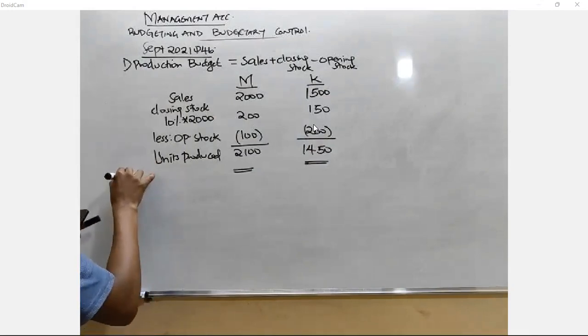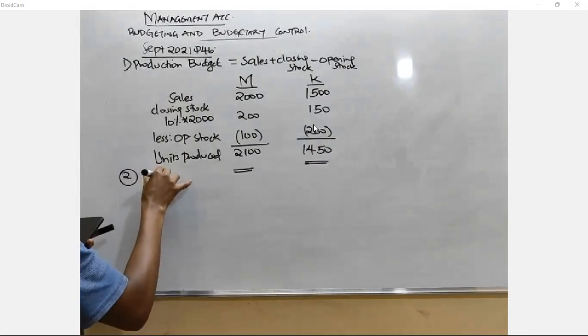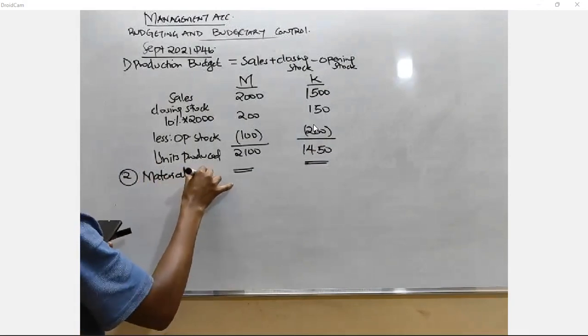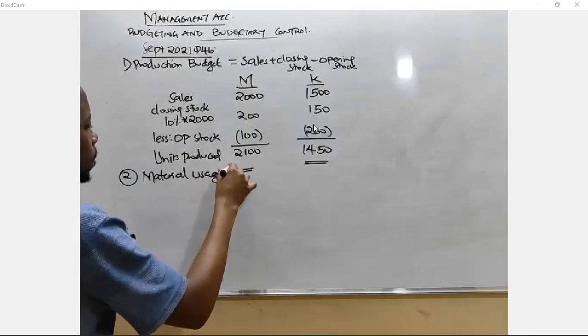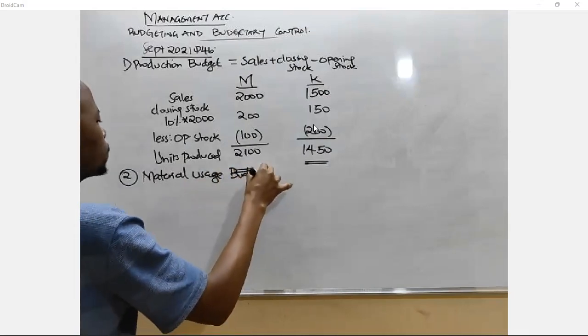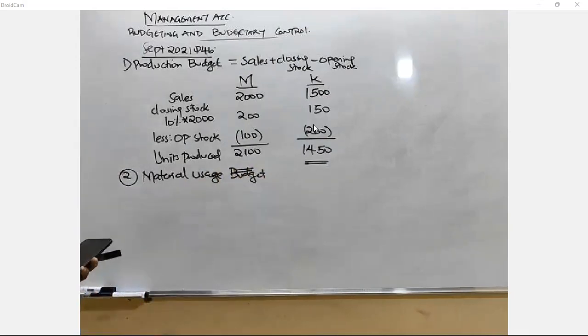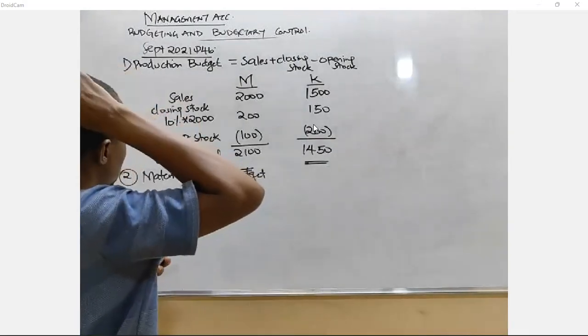Requirement 2 of the question. We are talking about material usage budgets, right? And already we have been told we are using two components there. Material cost as follows. They have given you X and Y and Z. So for the material usage, you have to be looking at the units produced.